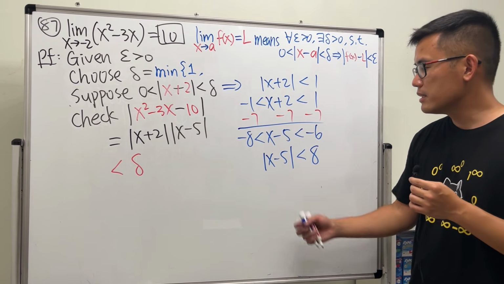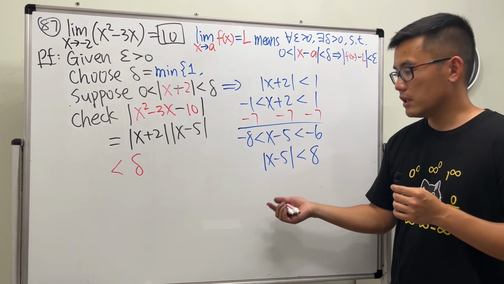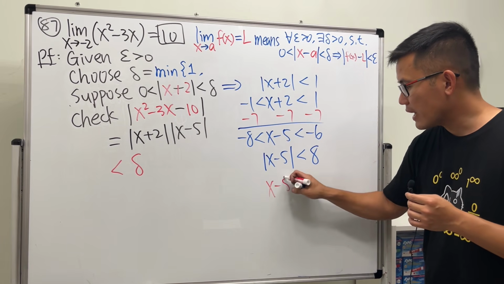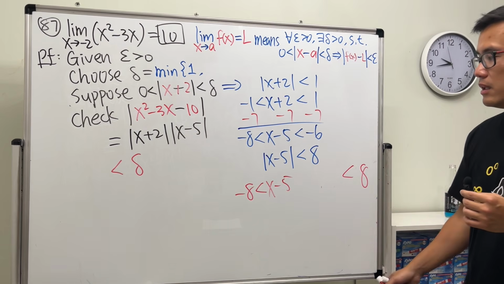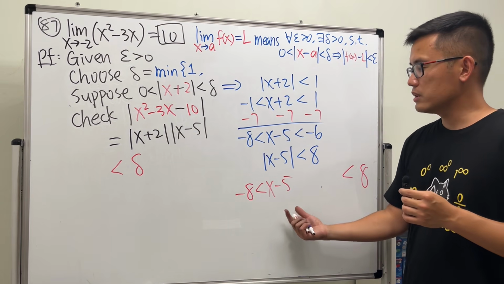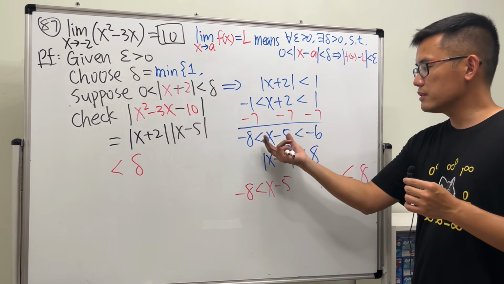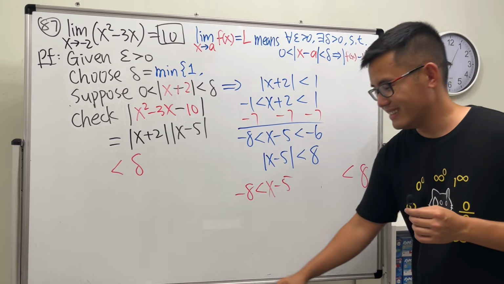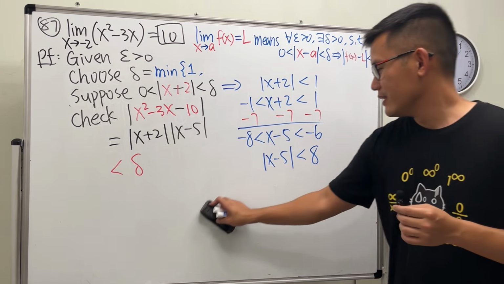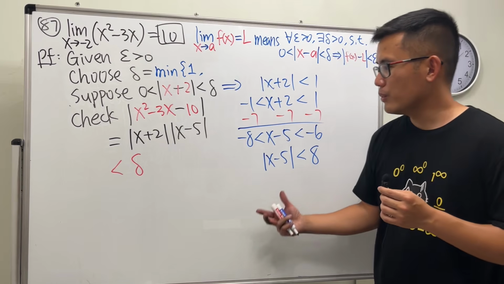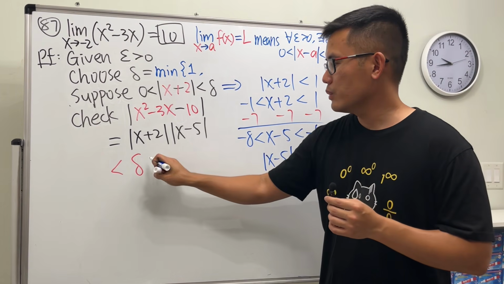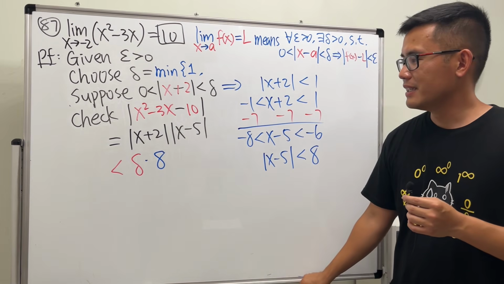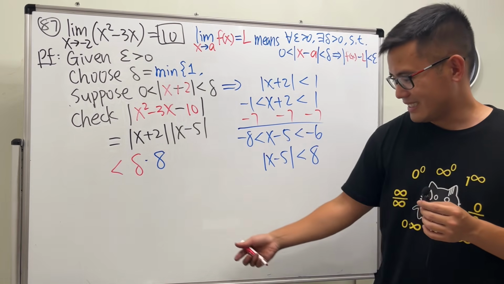Why is this true? Because here, if you open this, we get what? x minus 5 is in between of -8 and +8. -6 is right here. Of course, this covers that situation. Alright? So, here we have it. This blue part is this. We can just say, hey, multiply that by 8. That's my 8.